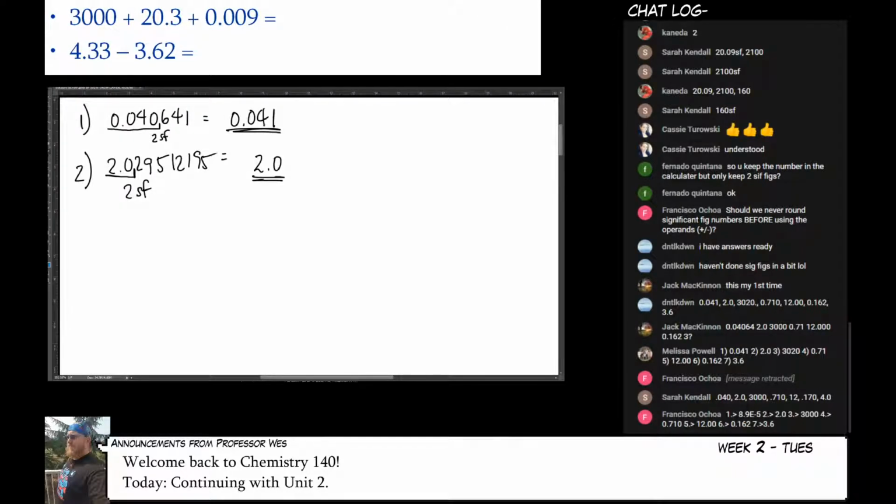For number 3, I'm going to set it up vertically to solve it. So 3,000, 20.3, and then 0.009. There's my addition, but when I start going left to right here, I got question marks in here.